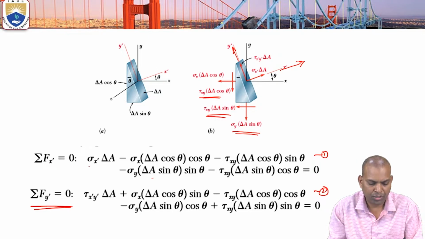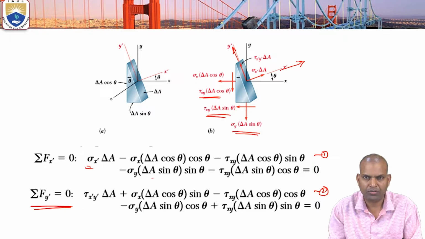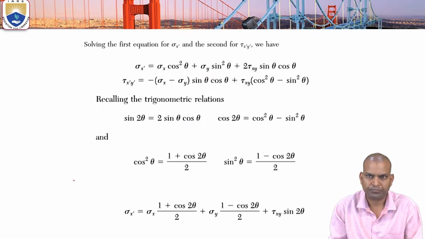From equation 1 we can obtain the sigma x dash value, and from equation 2 the tau x dash y dash value can be calculated.